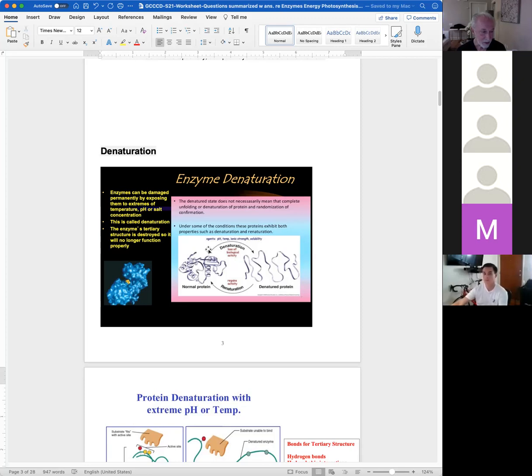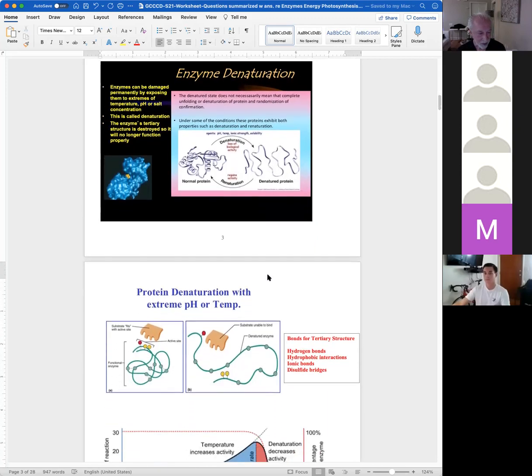And if the environment changes due to, for example, temperature, the bonds break within this tertiary structure and it unravels. So without its tertiary shape, it has no activity. Now, this is usually irreversible. In some cases, it can be reversed. If you restore the proper environment, the enzyme can go back together.